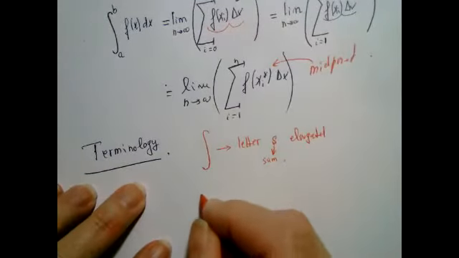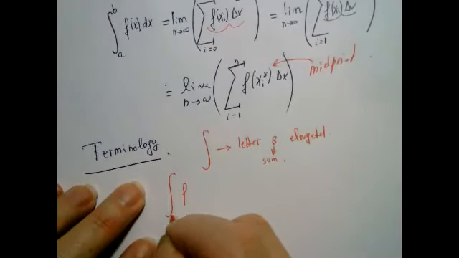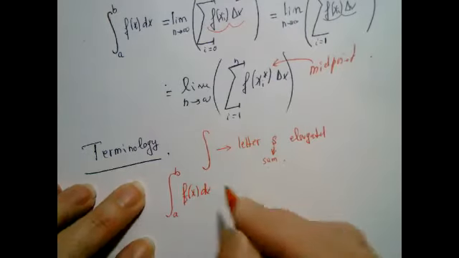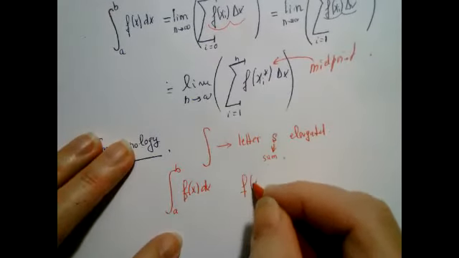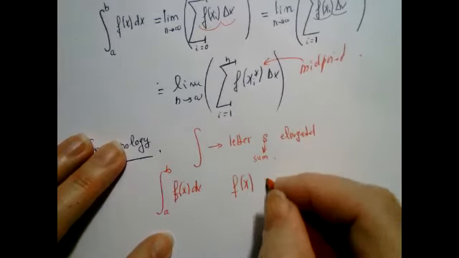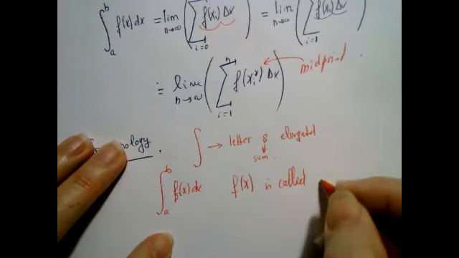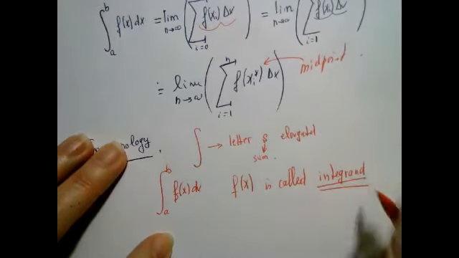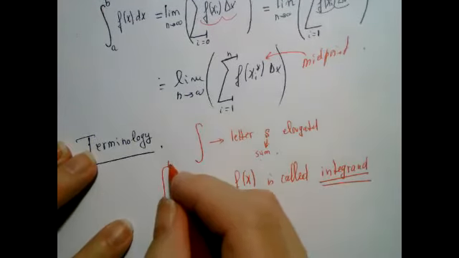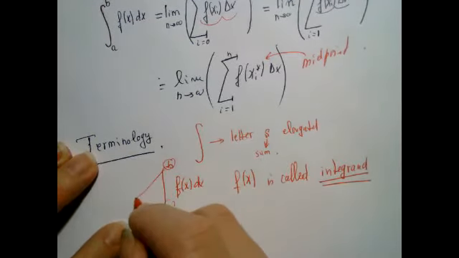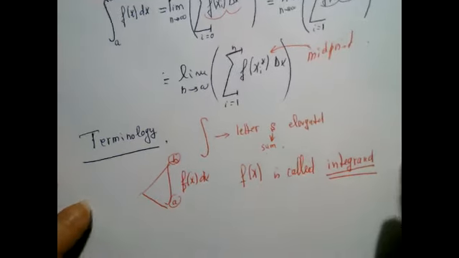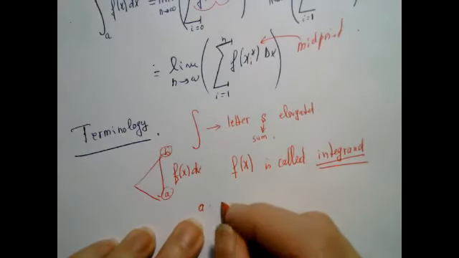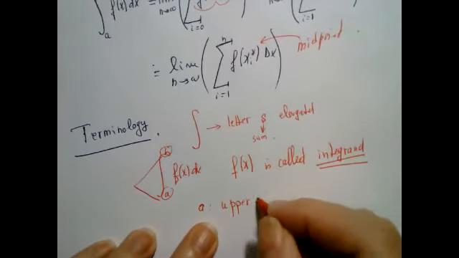Now, in this notation, f of x dx, f is called the integrand. We give it a name. That's what we call the function f. A and b are called the upper and the lower limit of integration.